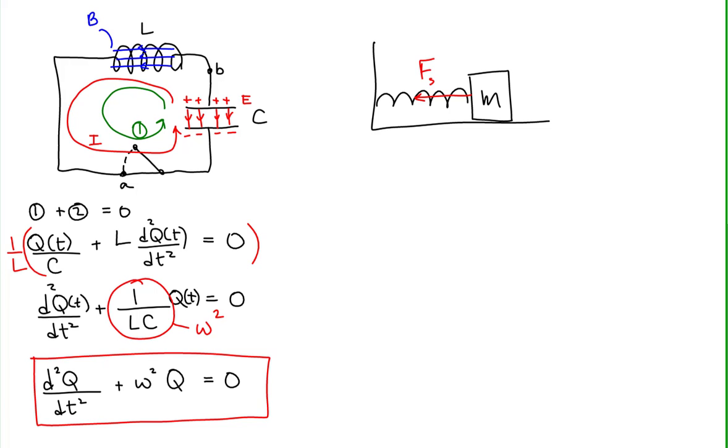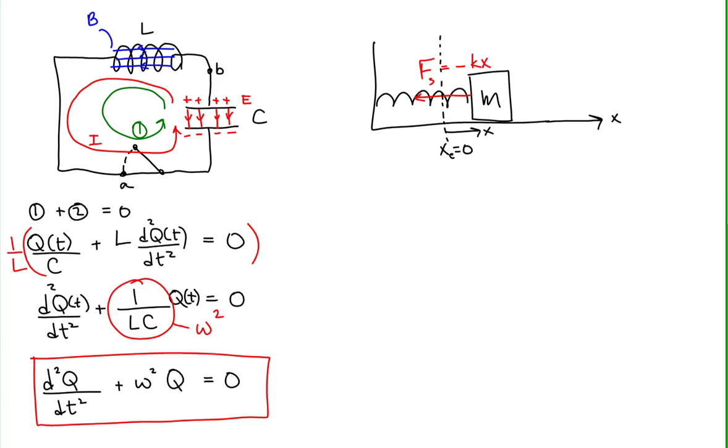And that elastic force is given as minus the elastic constant times the displacement along the x-axis. So let's define an x-axis based off of the equilibrium position of the spring. So x equals 0 will correspond to the equilibrium position of the spring. Here's the positive x-axis. This spring is displaced a distance of x.